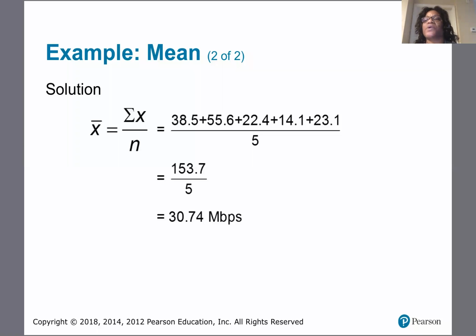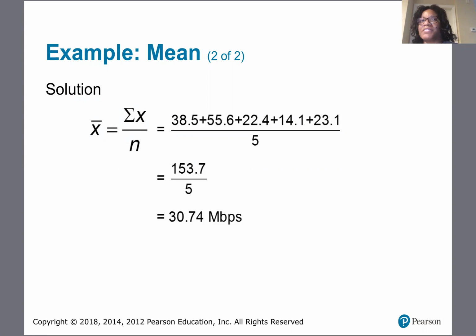All right, so we're going to find our sample mean formula, which is x bar equals the sum of all the x values divided by lowercase n. Now, we're going to take the 5 data values that we were given in the previous slide.